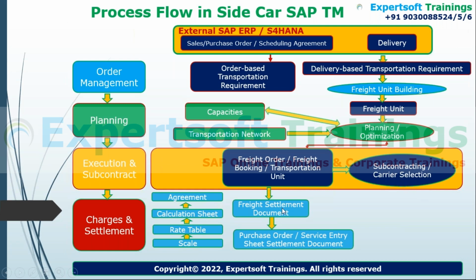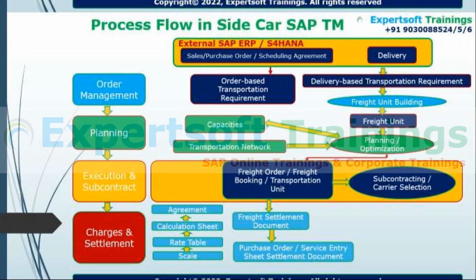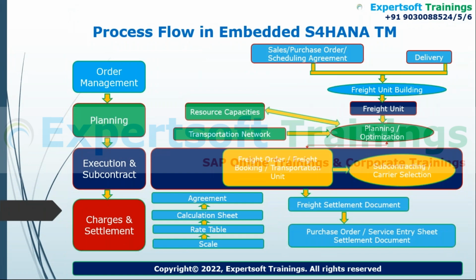And once the settlement is done, you can now proceed to pay the carrier. For that, a reference document is needed, which is the purchase order or service entry sheet. So this is the same process. There is no difference. The only thing SAP has done is that they have made it more simplified by keeping it in the form of this one.